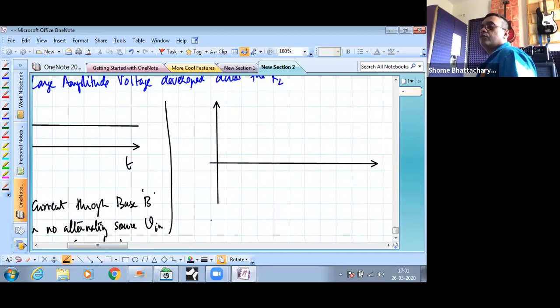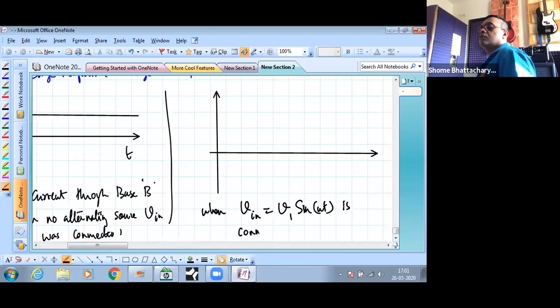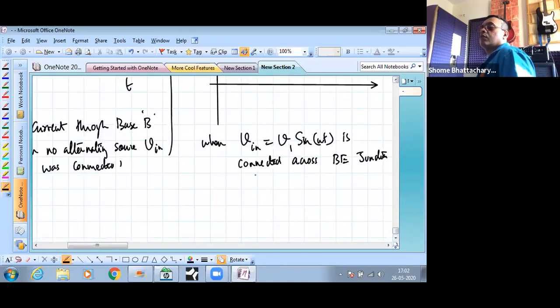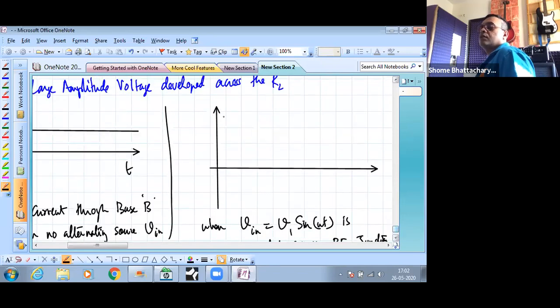So when V input equal to some amplitude V1 sine omega t is connected across the base emitter junction as an input, the current now changes to a time varying current.